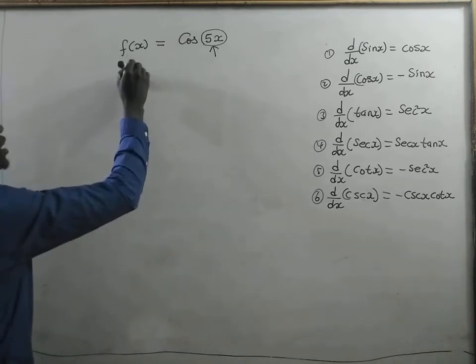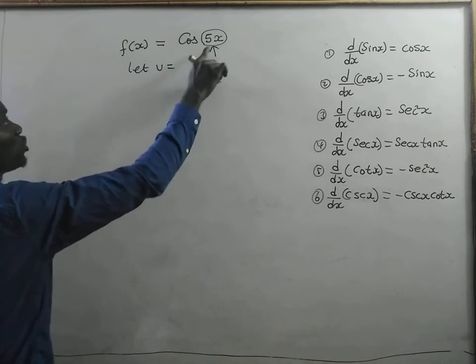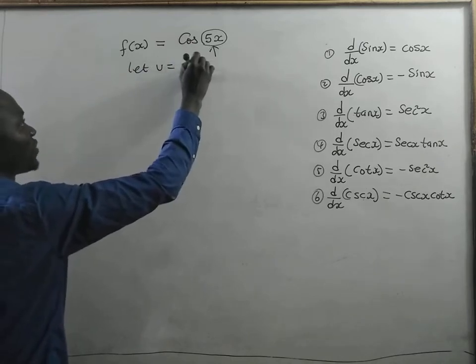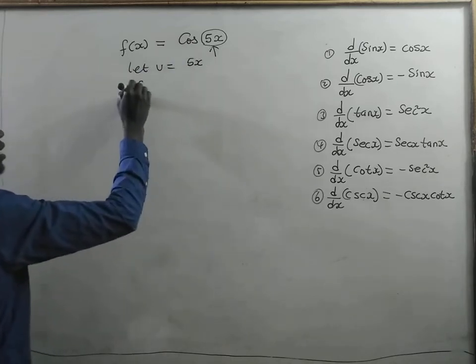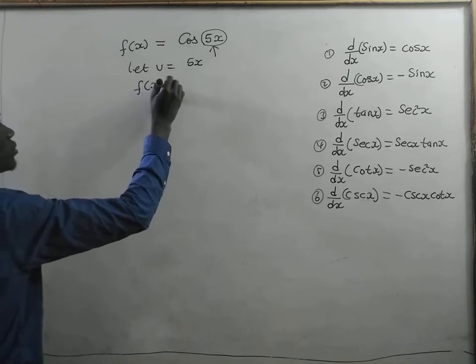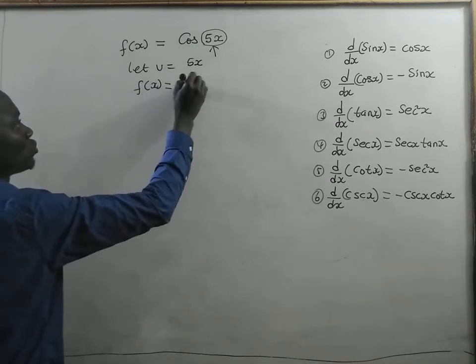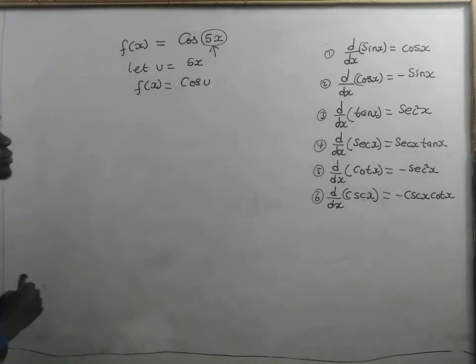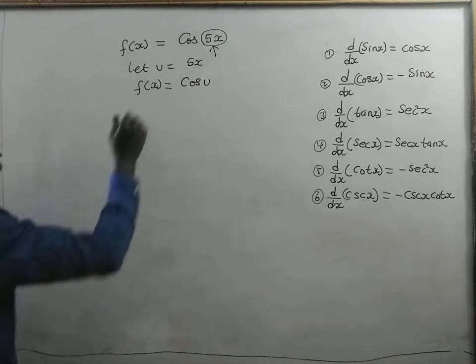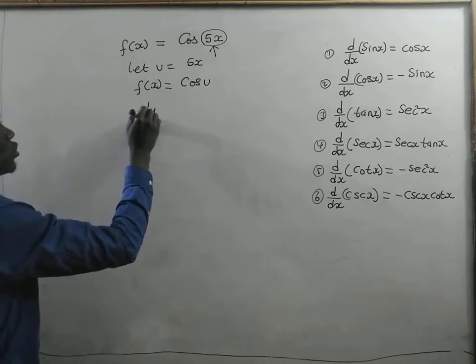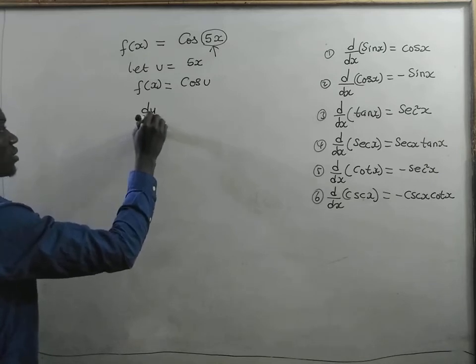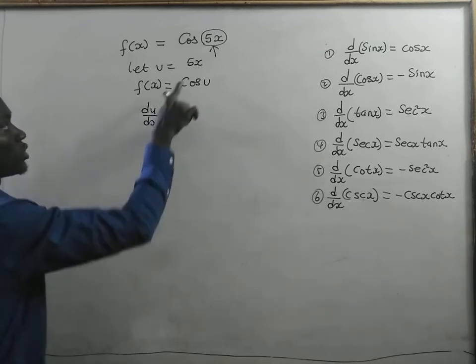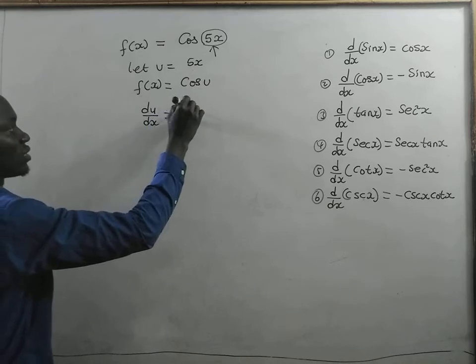Now, if we let u be equal to the inner function 5x, then f of x is now equal to cosine of u. Very, very simple as that. So, the derivative of u with respect to x is equal to, if you differentiate 5x, you get 5.